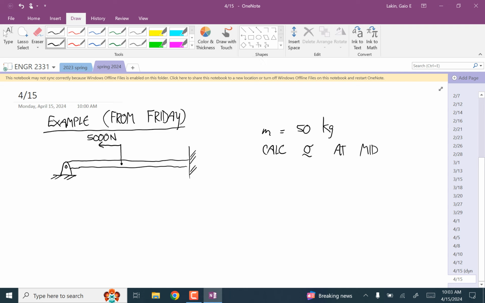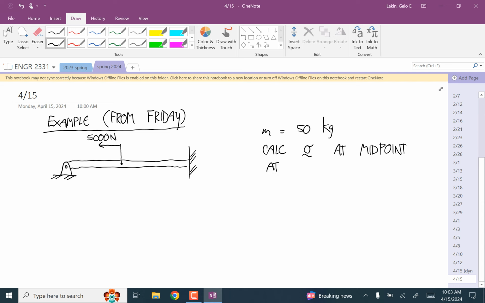at the midpoint. We'll see that there's a little indeterminacy about talking about the midpoint because there's a point force there, but we'll look at it just to the left of the midpoint and just to the right of the midpoint.